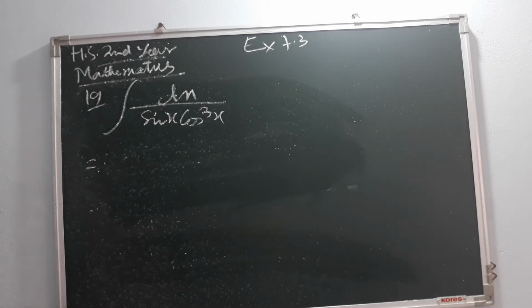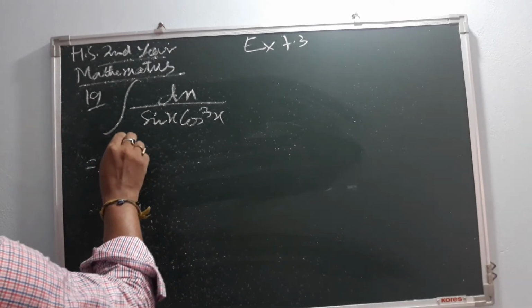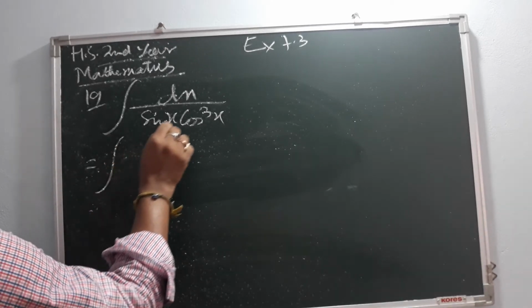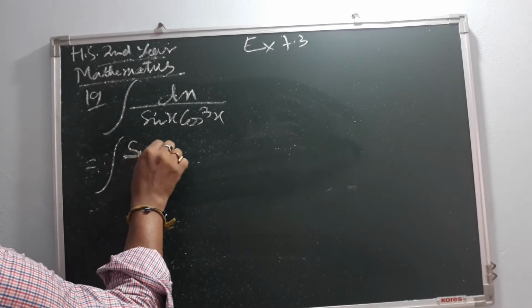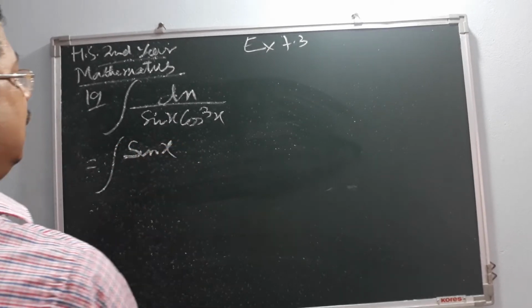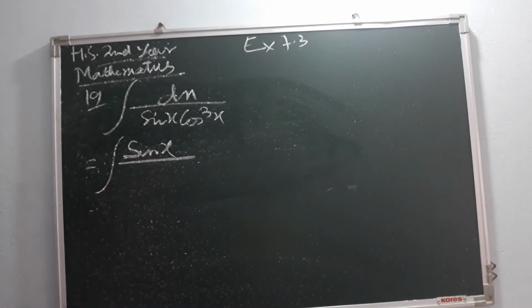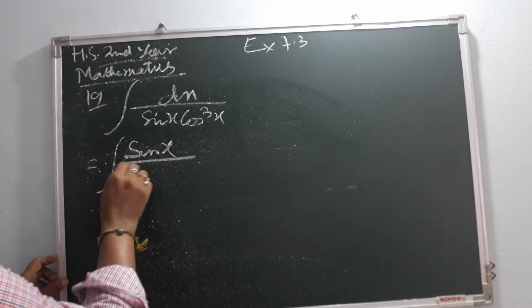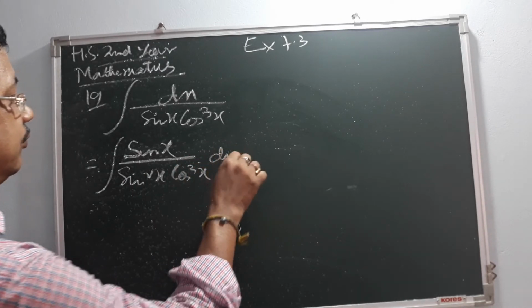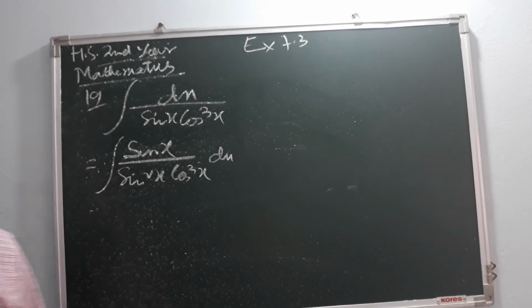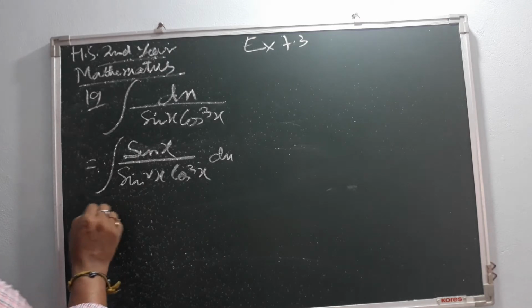One of the ways is, if I write 1 as sin square x plus cos square x, then here you have to write sin square x cos cube x dx. After this, we will try to see what we can do for this one.